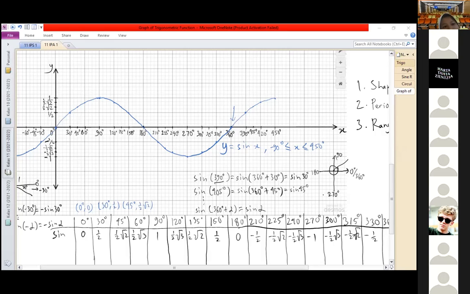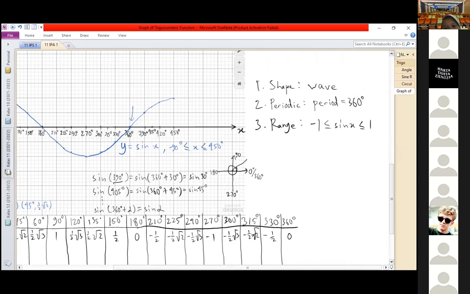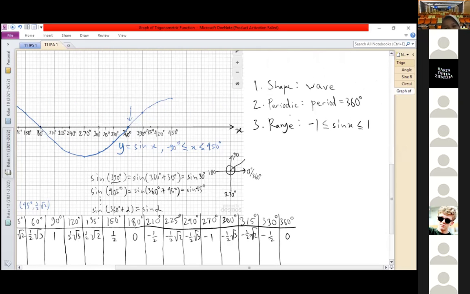For sine and cosine, the shape is actually the same, but the only difference is the position. The position is slightly different for sine and cosine. For tangent, the shape is different. And the period and the range, you'll figure it out yourself.